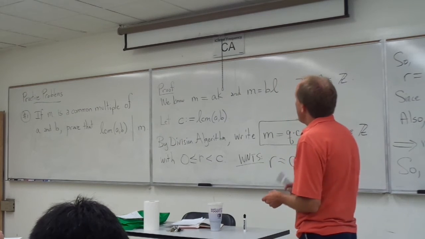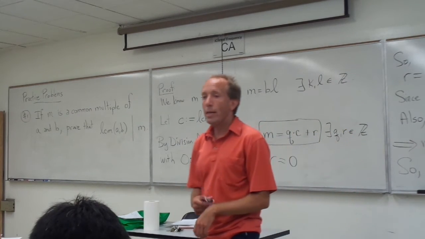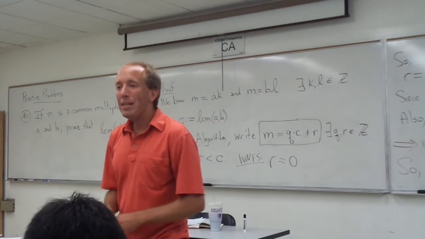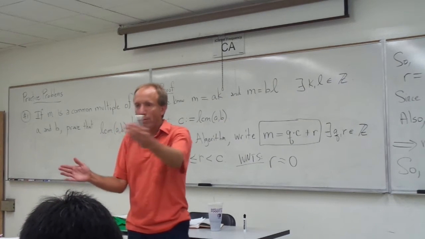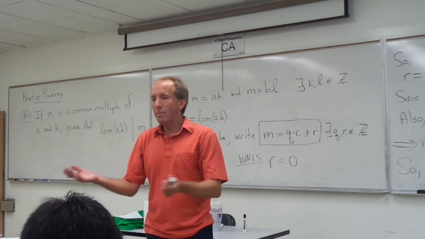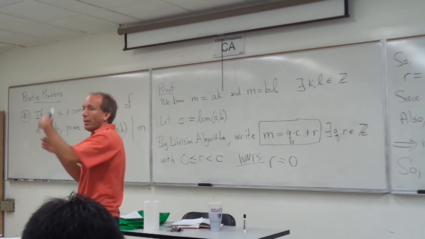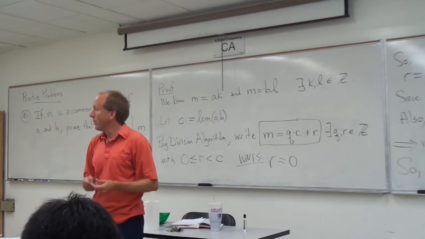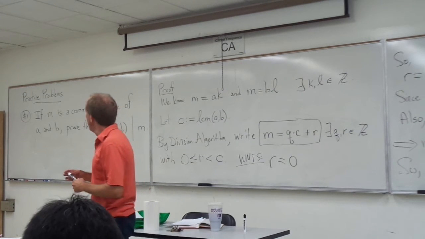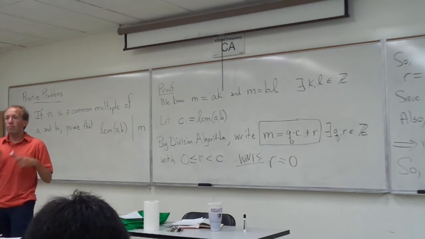Okay, so a problem like this, I might give you a hint and say use the division algorithm. But anytime you have one number and you're trying to prove it divides another number, a reasonable approach would be to take the one and divide it by the other and see if you get a remainder of 0. Okay? You could also think about doing things in terms of mod.